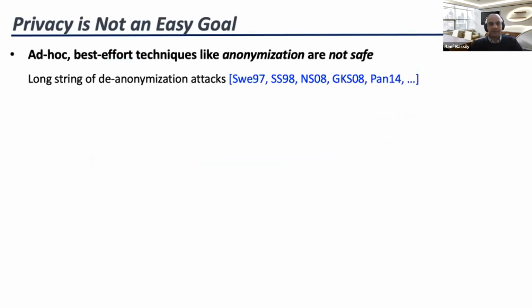One thing that has become quite evident in the last 2 decades is that ad hoc approaches that seem reasonable, like anonymization, are usually unsafe. In fact, this was demonstrated by so many real-life examples where attackers were able to re-identify individuals in supposedly anonymized data sets. And these attacks are mainly possible due to the ubiquity of personal information.